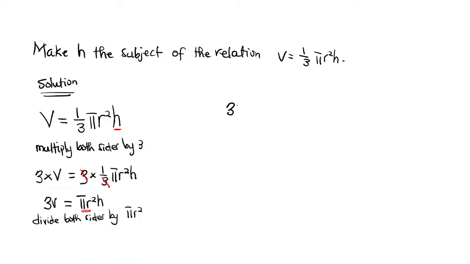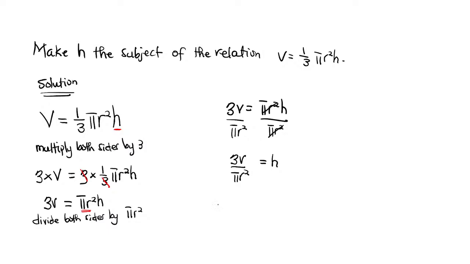So we have 3V is equal to pi r square H. If we divide both sides by pi r square, the pi r square will cancel out the pi r square here. So we'll have the H left over here, and this side will become 3V over pi r square.